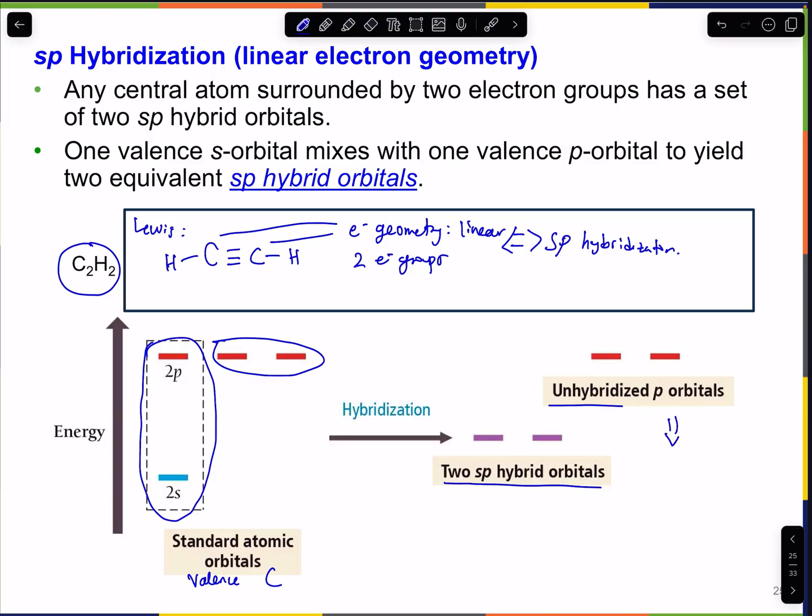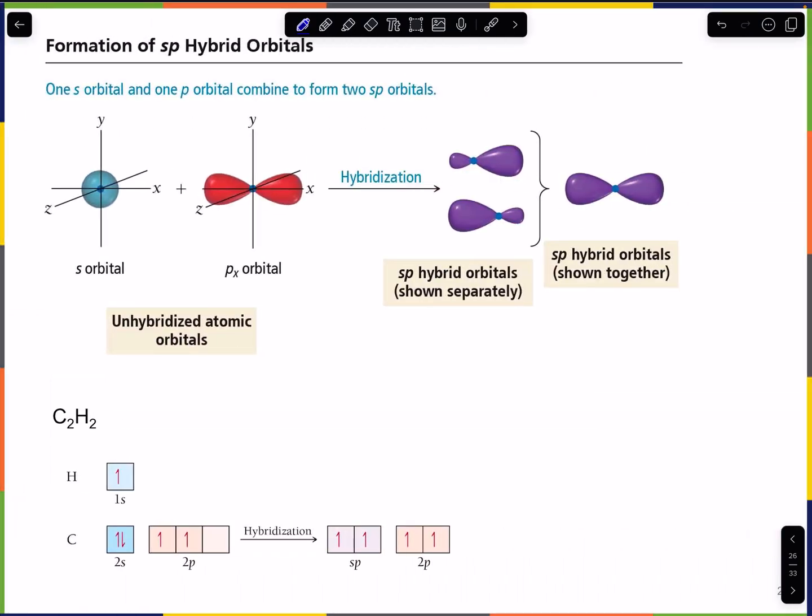Again, please note that these ones are higher in energy than the hybrid orbitals. The unhybridized orbitals are always going to be higher in energy than the hybrid orbitals. So let's see.